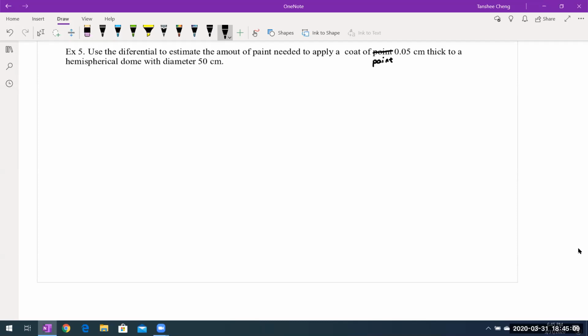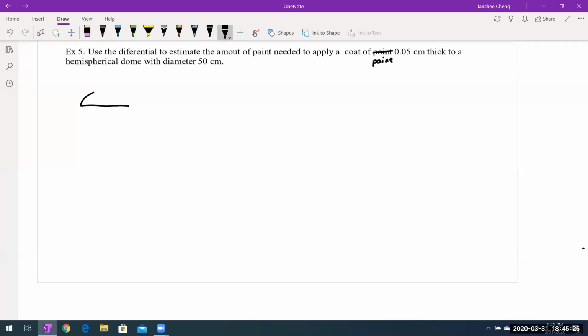So we are trying to estimate the volume of the paint that we need before we even start computing.